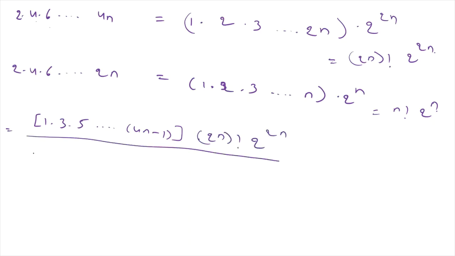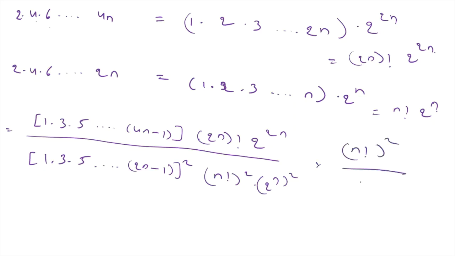This is nothing but 2n factorial times 2 power 2n by 1 times 3 times 5 so on up to 2n minus 1 whole square, and instead of the next term I have n factorial whole square times 2 power n whole square, which is nothing but 2 power 2n into n factorial whole square upon 2n factorial.